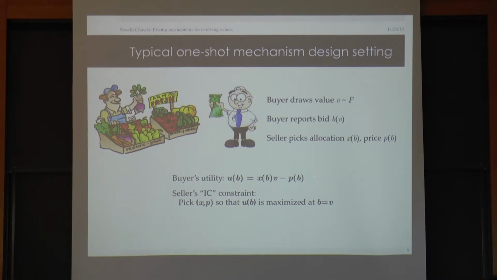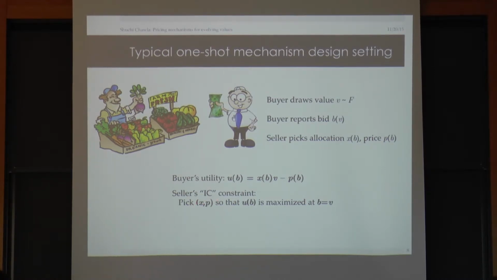This kind of utility function is called a quasi-linear utility function. It's linear in the payments, but this value can be something arbitrary. This is quite pervasive in the mechanism design literature. The fact that it's linear makes it really nice to work with, and that explains why it's so pervasive.